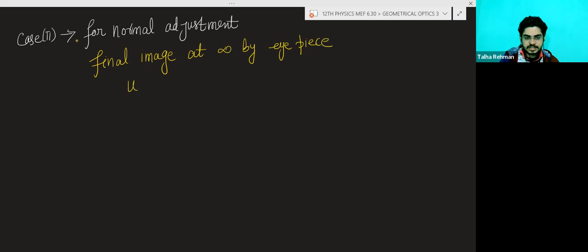Means object distance will remain the same, that will be minus UE. Image distance will be infinity. Focal length will be FE.